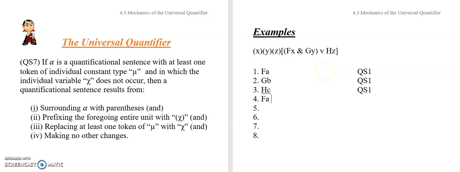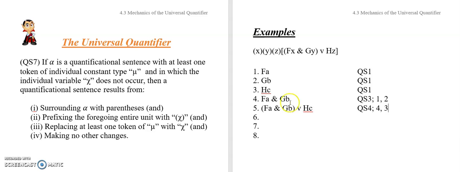So I'm going to get FA and GB, and that of course is QS3 on lines 1 and 2, right? And then what I want to do is build this whole thing. So I'm going to do FA and GB or HC, and that is QS4 on lines 4 and 3, right?